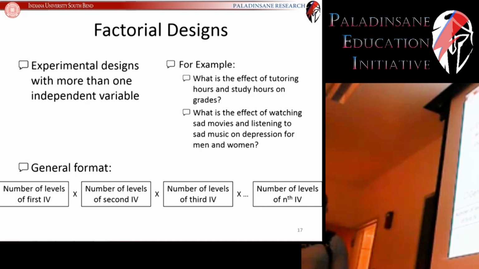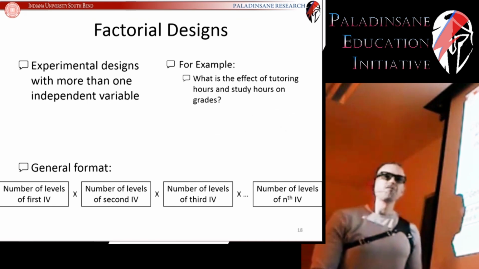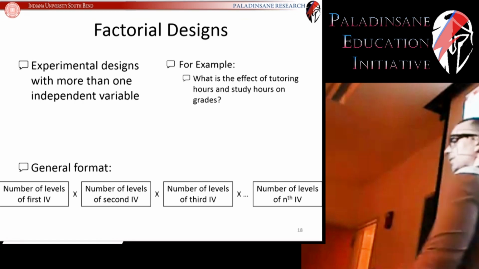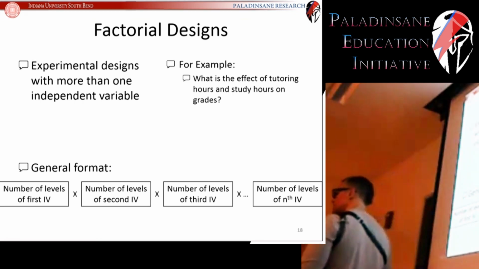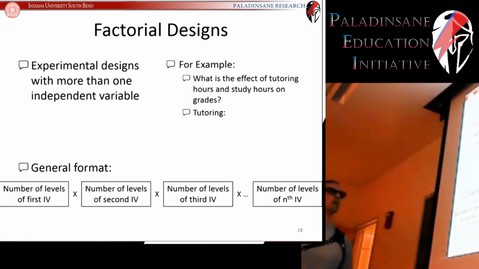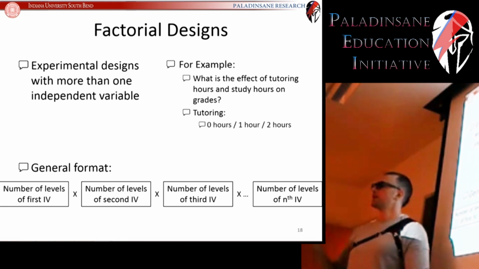So let's take a look at a simple example first. Let's say that you were doing a study on the effect of tutoring hours and study hours on grades. For tutoring, you had 3 levels.